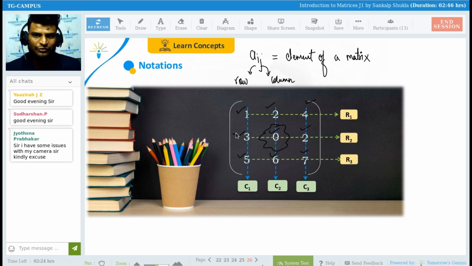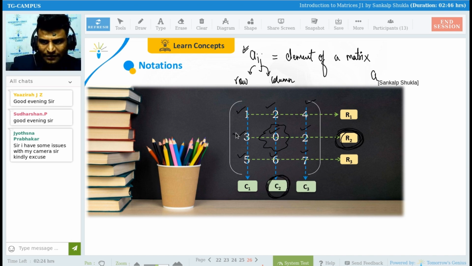Once you know the row and column, then you can use this notation to address any element. So 0 is lying in the second row, R2, and in the second column, C2. So it will be A22. This 2 is for row, this 2 is for column.